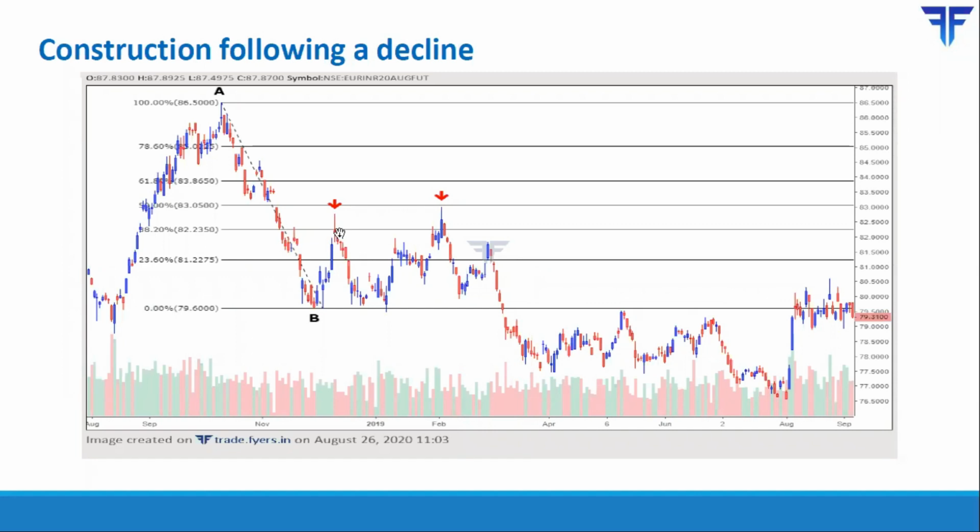If you remember from our Japanese candlestick series, you can recollect that this candle is nothing but a doji. So price is forming a doji near 38.2% retracement. So if on the following candle the low of the doji breaks, I would be looking to sell.